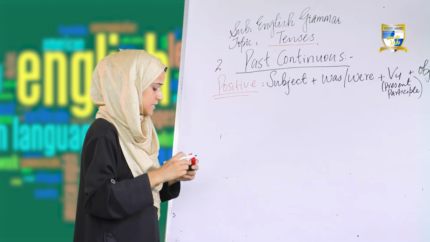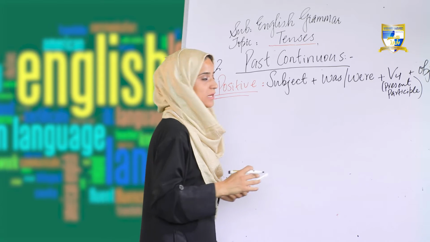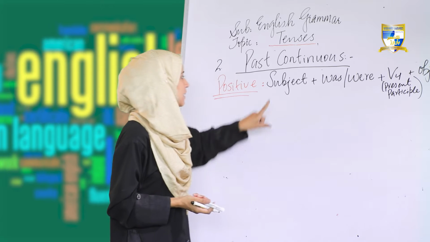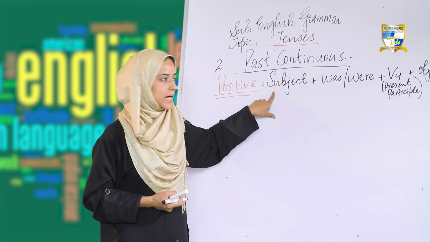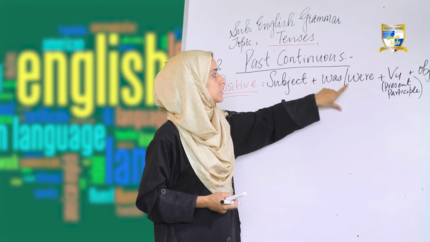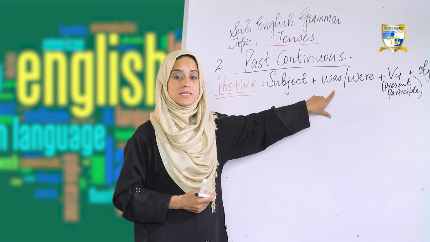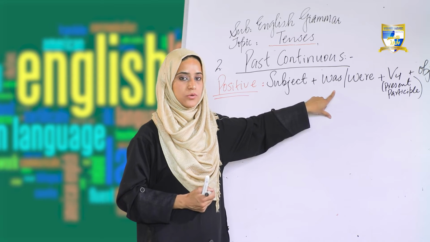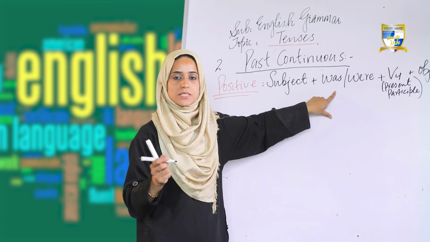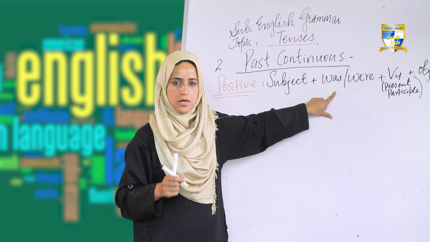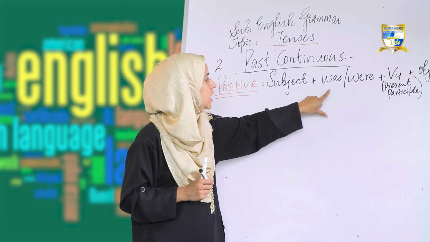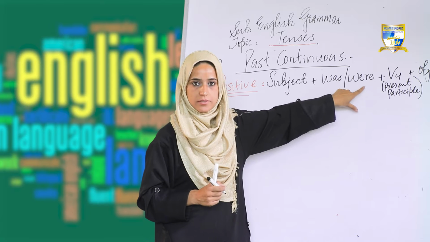So dear students, here I'll explain the structure to you. Subject, as you know, is the doer of the action. Was and were are the past forms of is, am and are. If you are talking about present continuous tense, there we use is, am and are. If you are talking about past continuous, there we have to use was and were.